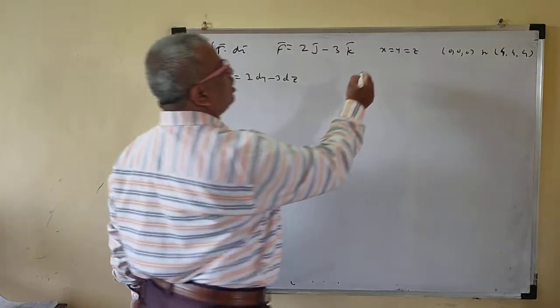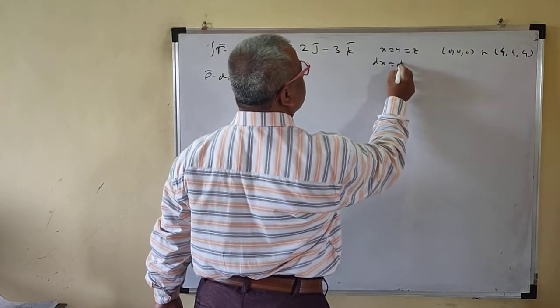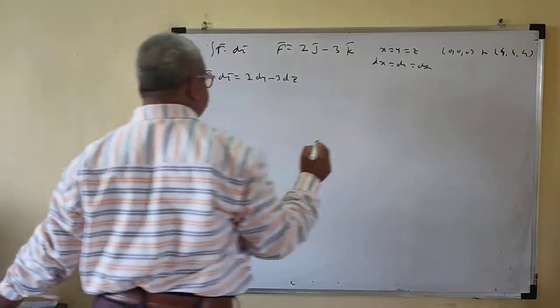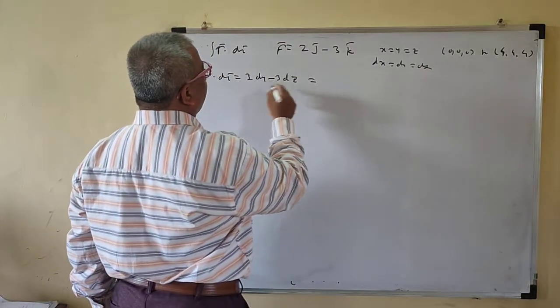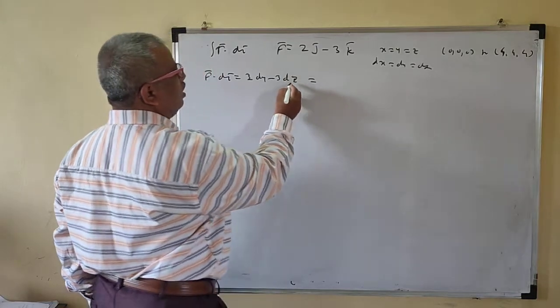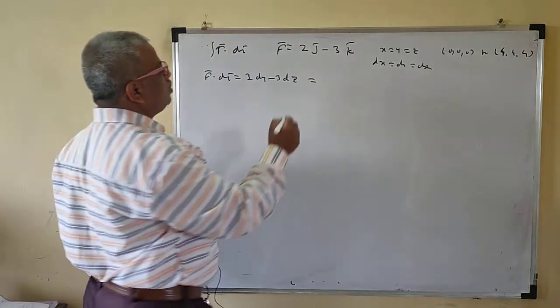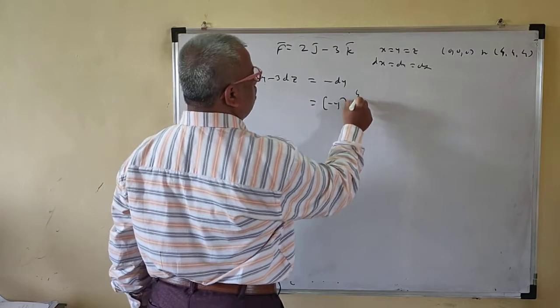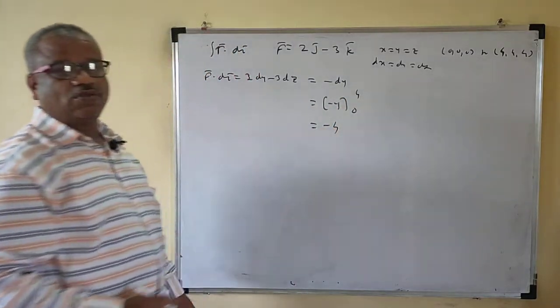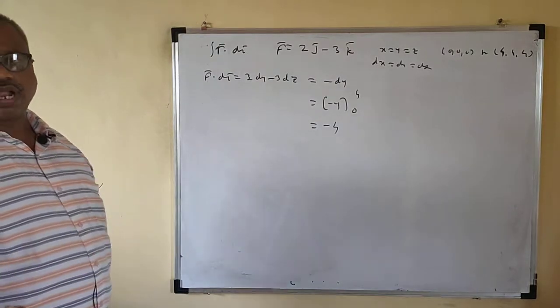But here dx is equal to dy is equal to dz, so you may take any variable. I can write dz as dy. So this is minus dy, then minus y from 0 to 4. So your required answer is just minus 4. Orally you can do this one.